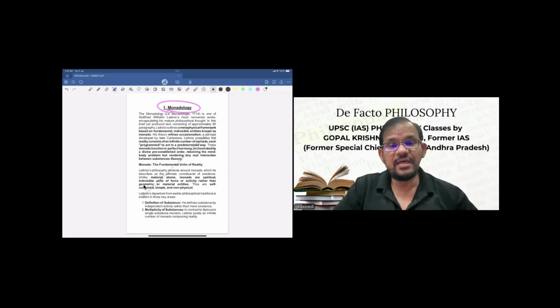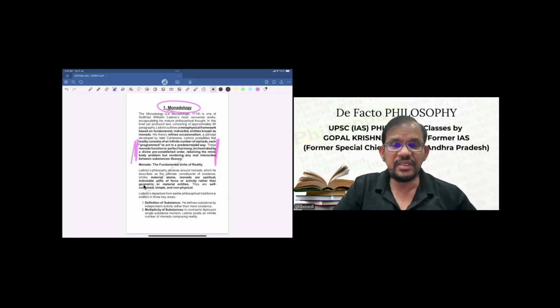Monads function in perfect harmony, orchestrated by a divine pre-established order, resolving the mind-body problem, but rendering any real interaction between substances illusory. So in brief, this is monadology.